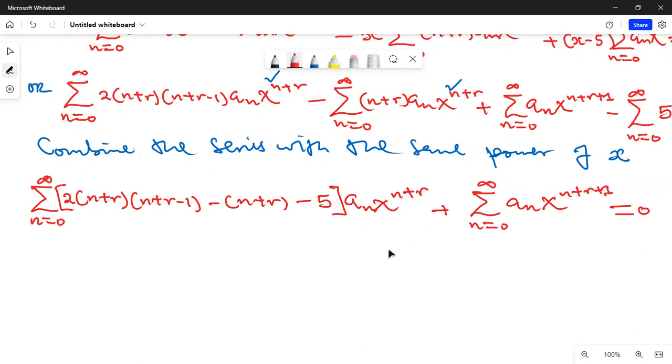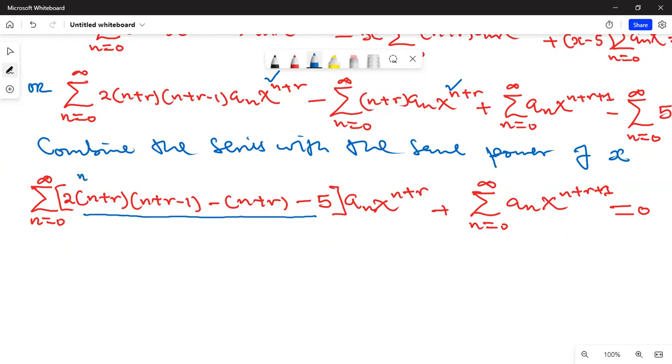Is it possible to simplify the first series? Look at this. We can simplify this because I can see n plus r is common. If I factor out n plus r, what am I going to get?